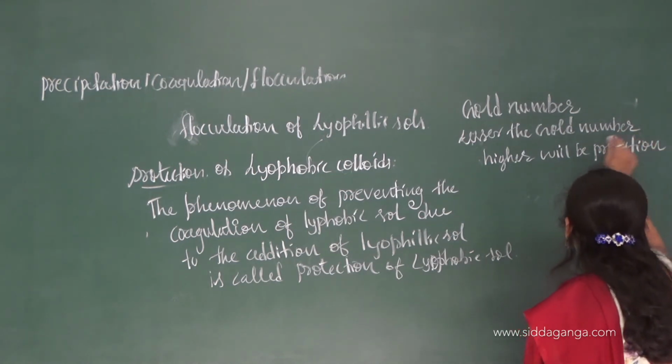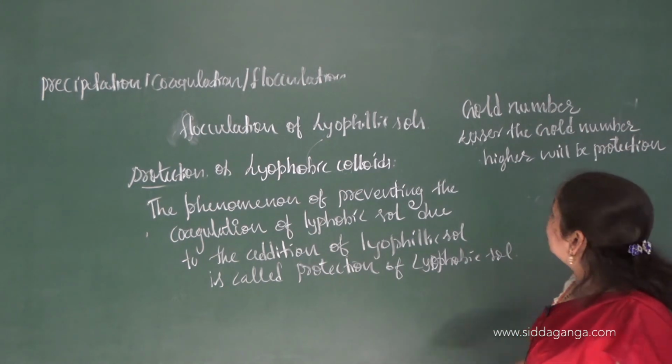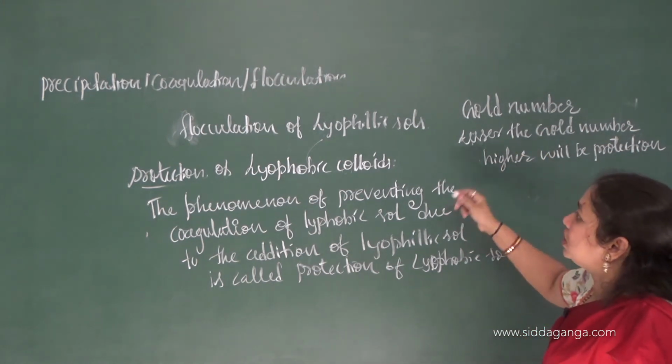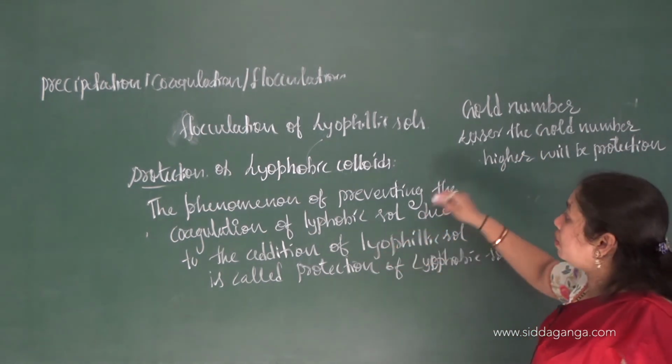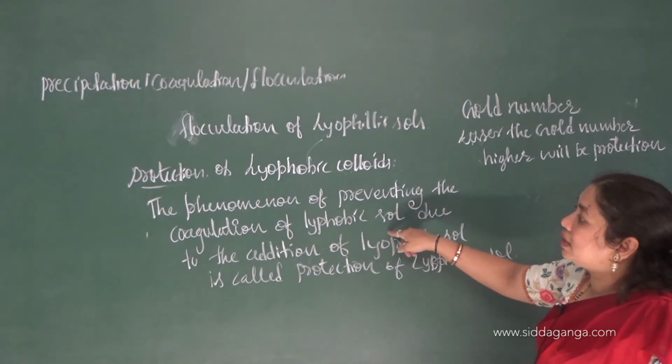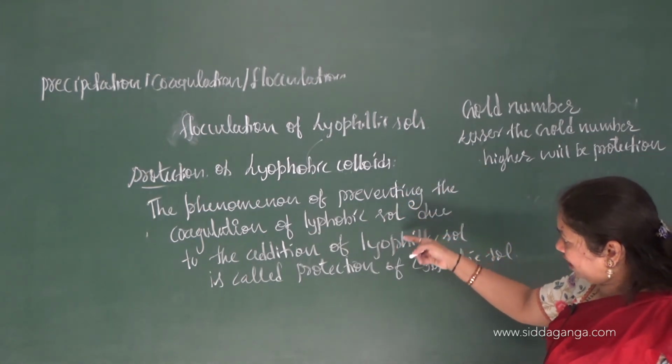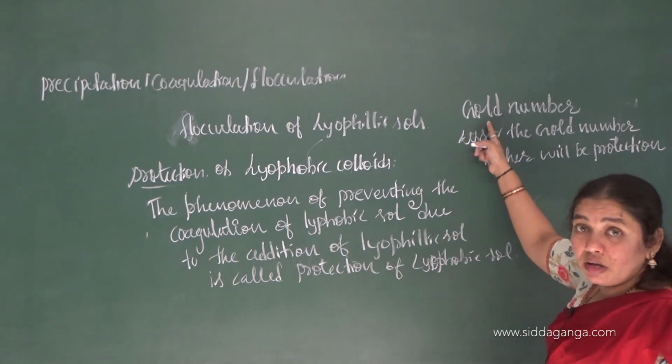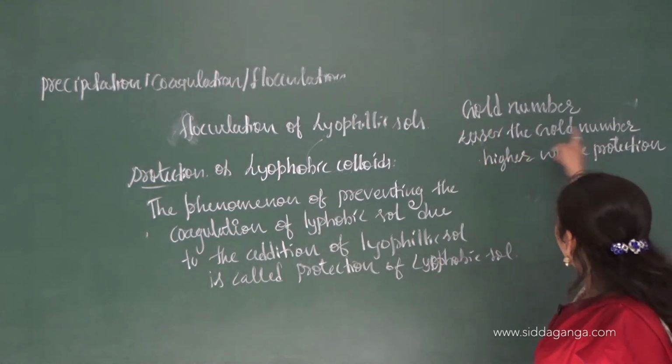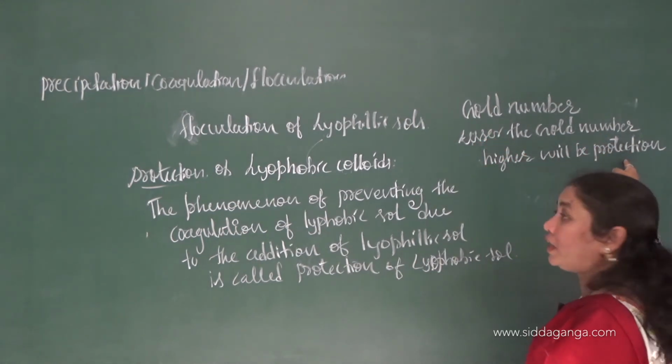There is a separate concept we are going to discuss in some other way. So just for your theoretical concept, you should remember that the protection power of a lyophilic sol can be measured in terms of gold number. So the lesser the gold number, the higher will be its protection.